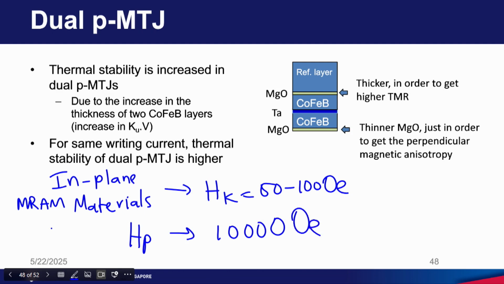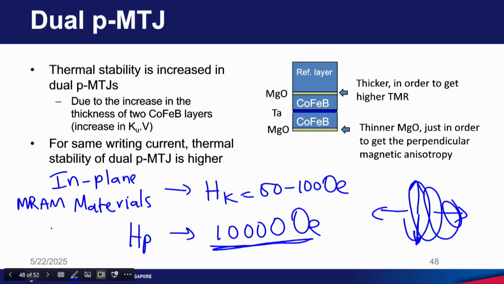I told you during the precession motion of magnetization going from one side to the other direction, the magnetization is spending a long time in the perpendicular direction, which means we need to apply this field for quite a large amount of time.